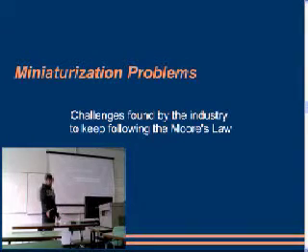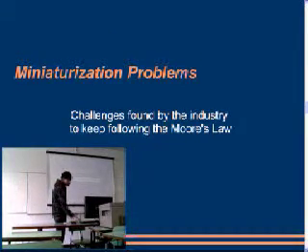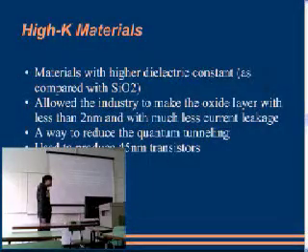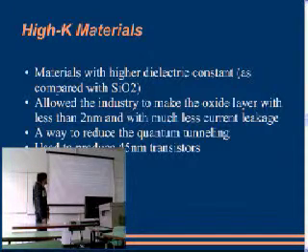To keep following this law, the engineers have to make transistors smaller, but they found some problems with this when you try to put smaller transistors in the same die. To try to solve these problems, they changed, for example, the oxide layer in the MOSFET transistor.